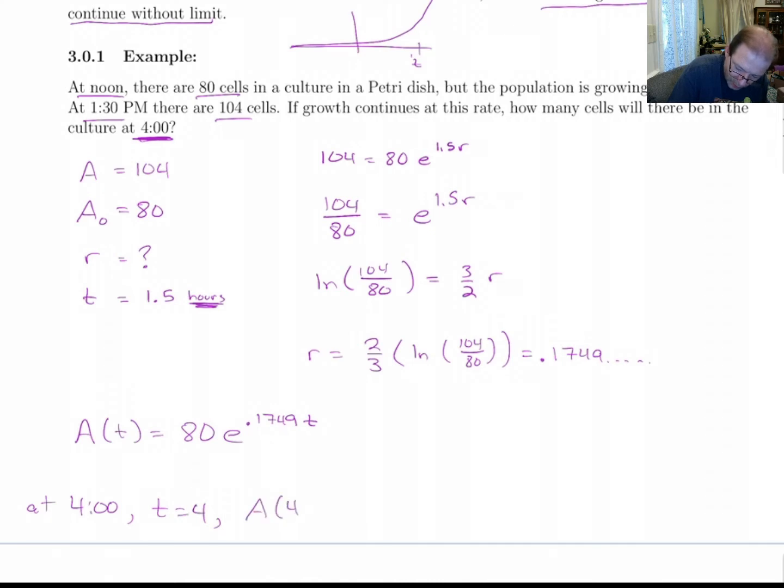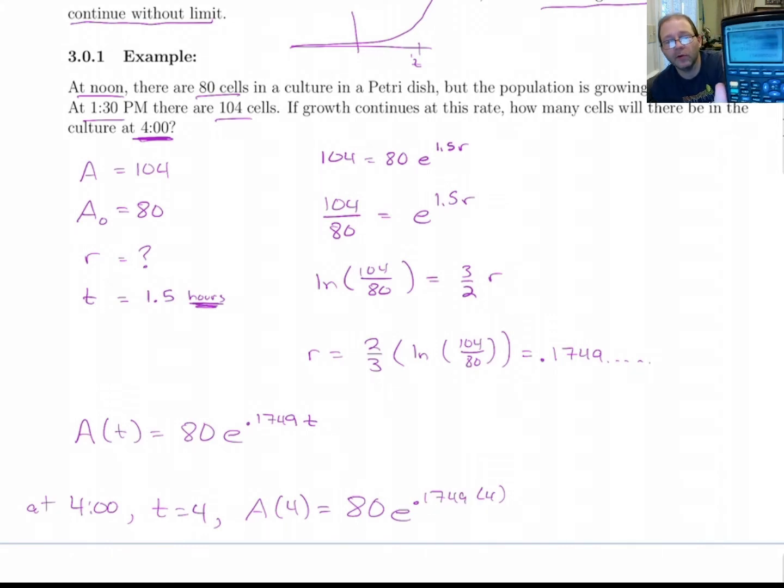So A of 4 is, and again, I'm truncating this to 4 decimal places, but in my calculator, I'm keeping the full thing.